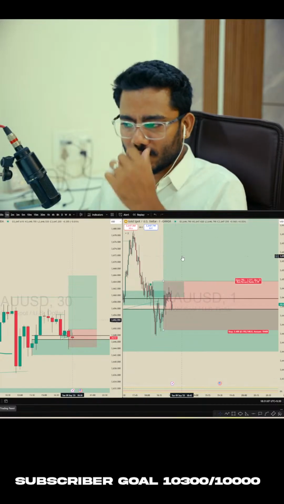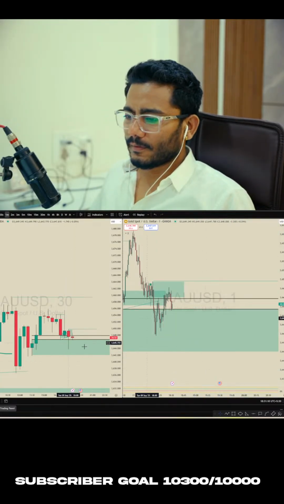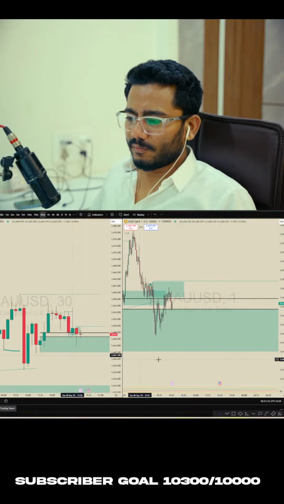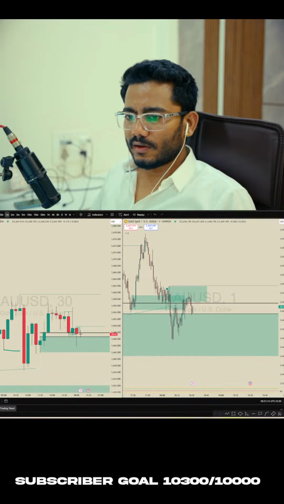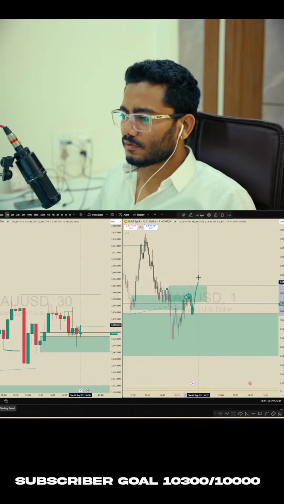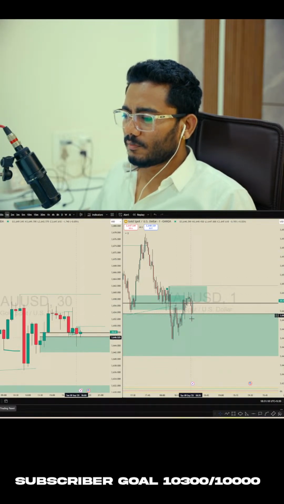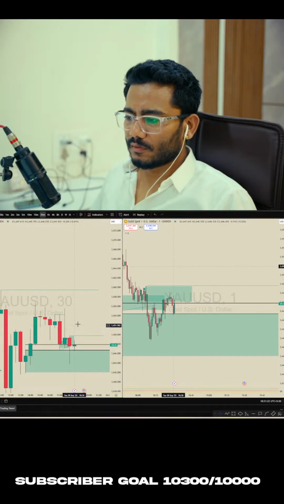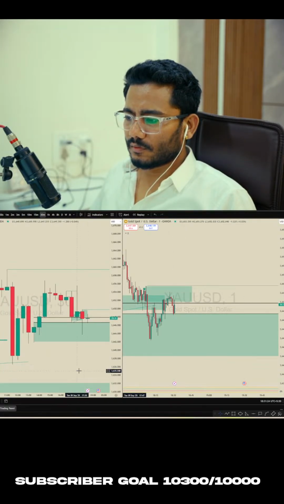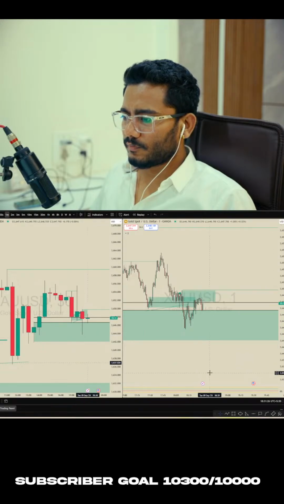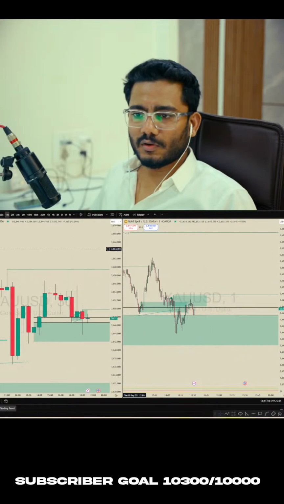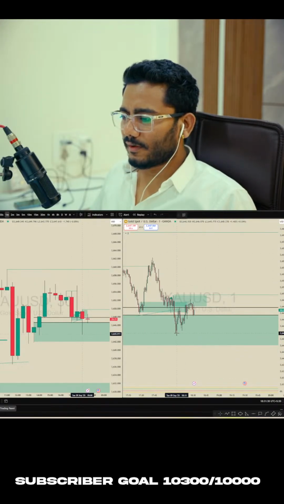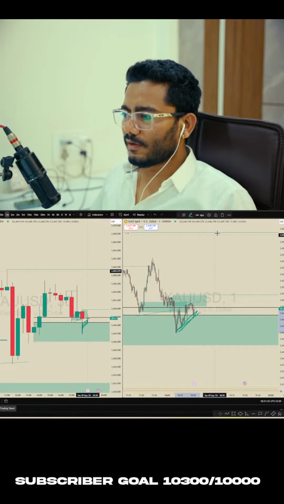So the problem right now with gold is this candle didn't flip to the upside. It's rejecting from this area here. But let's wait for this second candle to form. Right now, I'm not that confident for this buy side trade because it has created this trend line to the downside.